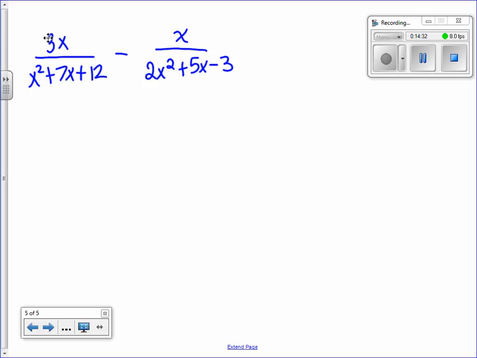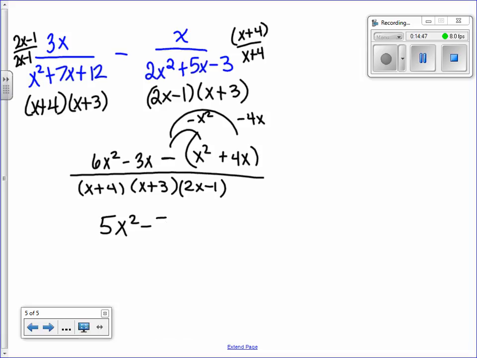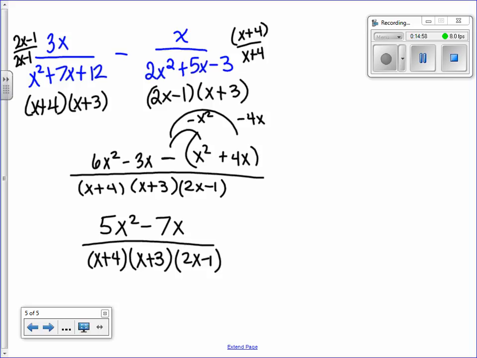What do you do first? Factor first. First thing that you need to do. Factor first. Alright. And a negative 3x minus 4x. This is factored, it's just not going to cancel anything out.